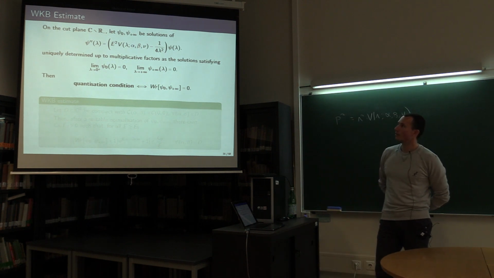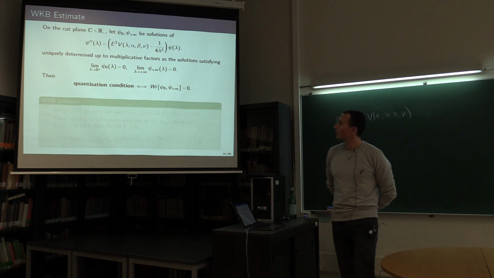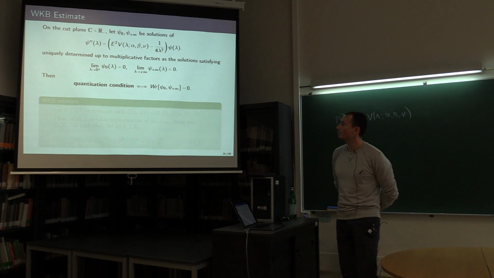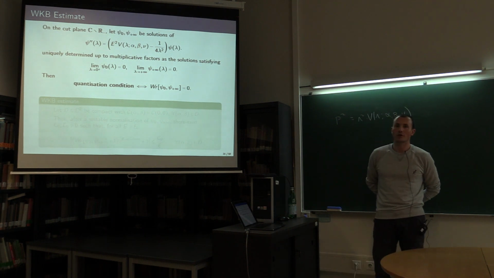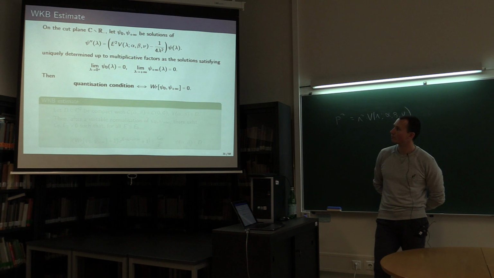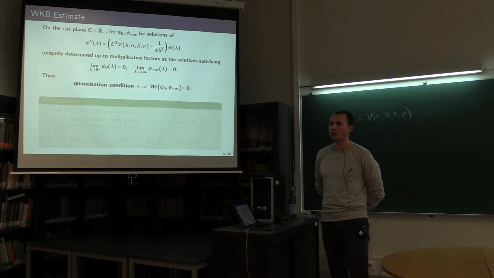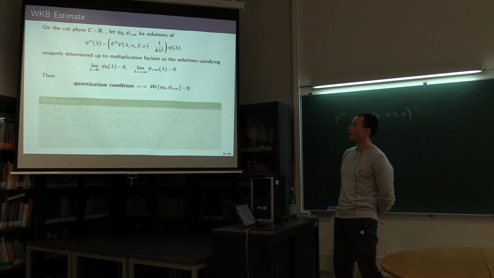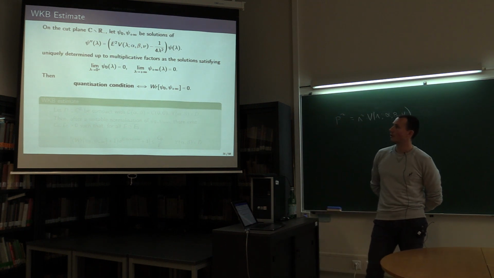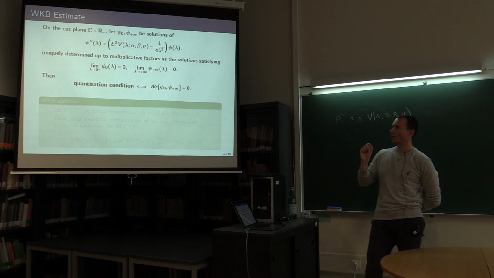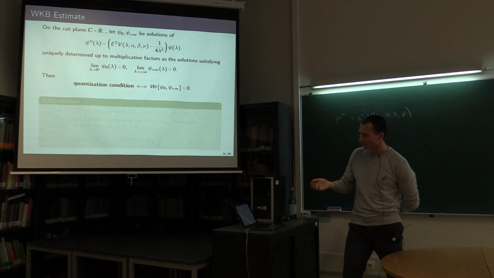So if we cut the plane along the negative real axis, and we let psi 0 and psi plus infinity be the solutions of our bi-confluent equation, psi 0 is the one that vanishes as lambda goes to 0, and psi plus infinity is the one that vanishes at plus infinity. So then the quantization condition we had was that the Wronskian of these two vanishes, which is equivalent to the fact that these two are proportional.